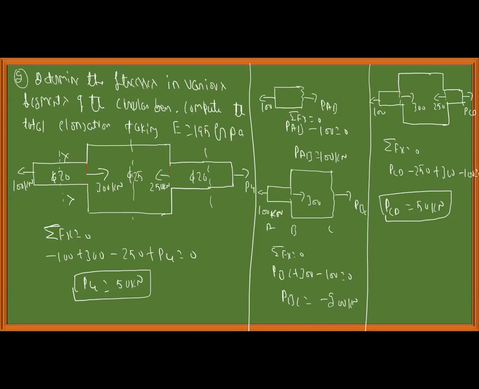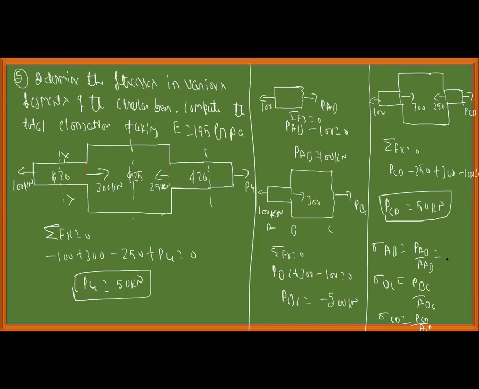Next, stresses on AB. Sigma AB is equal to PAB by area of AB. Sigma BC is equal to PBC by area of BC. Sigma CD is equal to PCD by area of CD.